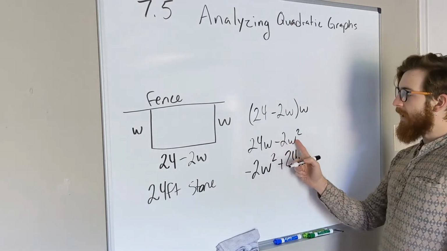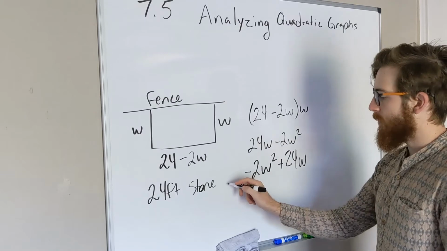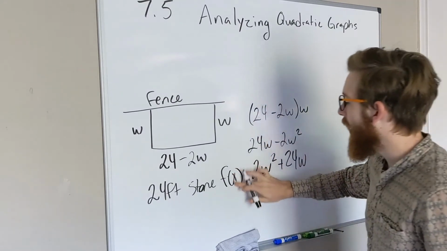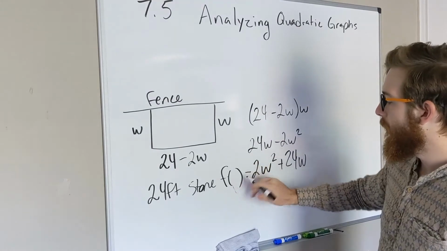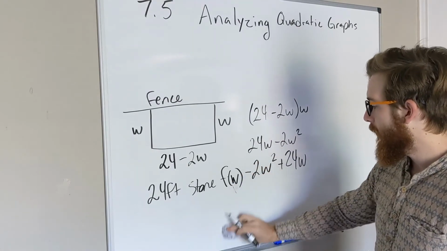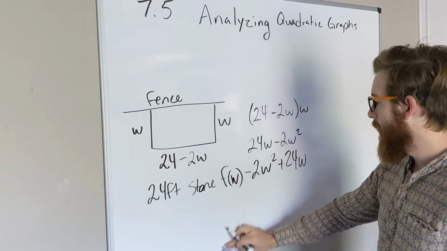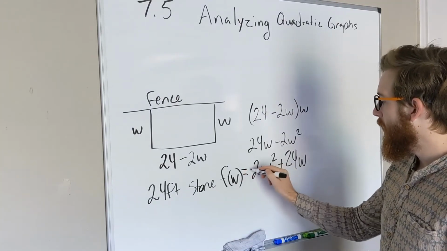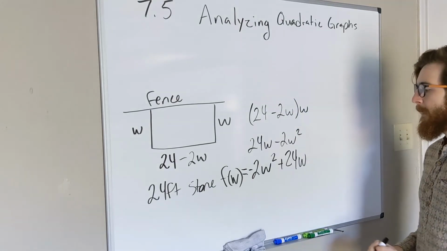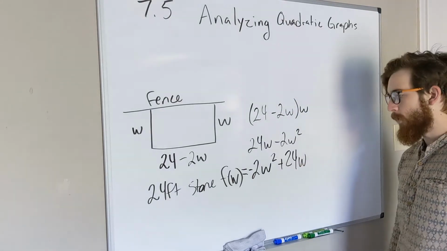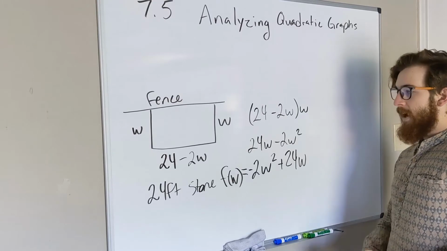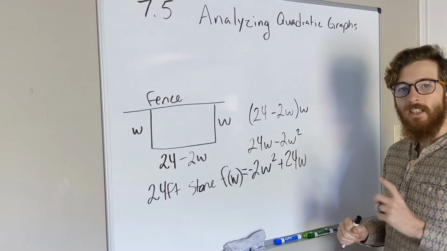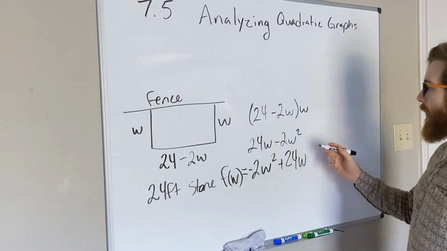Okay, so you can see that I've now created my function. So we'll call this f of w. Okay, so f of w is equal to negative 2w squared plus 24w. Now, what I want to do is I want to find that maximum minimum point.